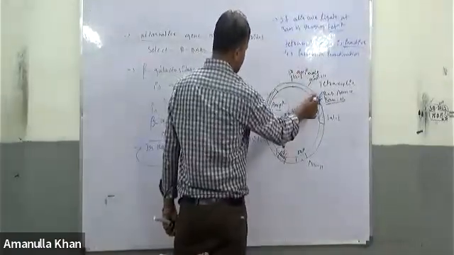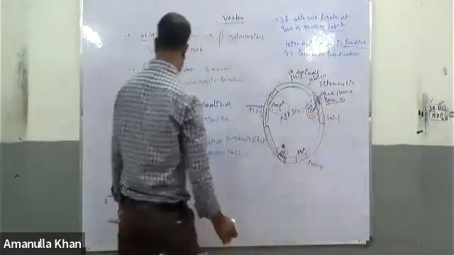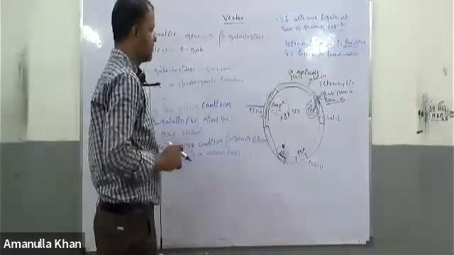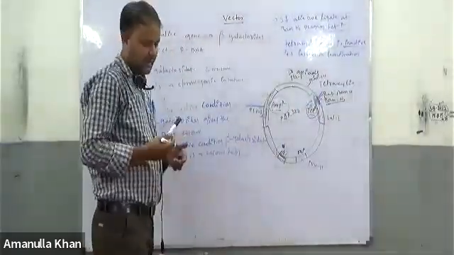If alien DNA is not there, the beta galactosidase is active and gives blue color. These are cloning sites.